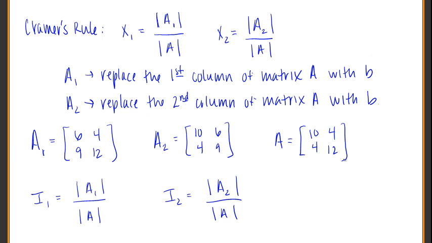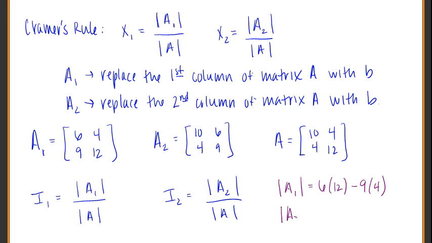So let's go about real quick finding the determinant of basically these three. Remember the determinant, how you find it, so I guess let's write them off to the side. The determinant of A1 is going to be 6 times 12 minus 9 times 4.